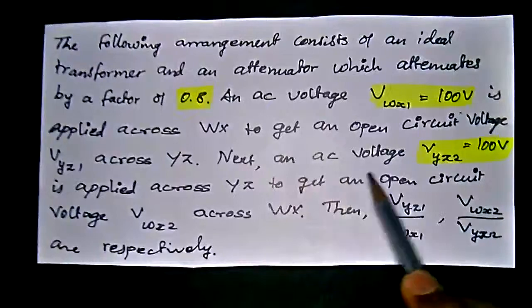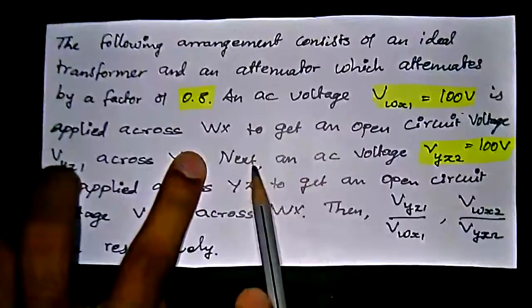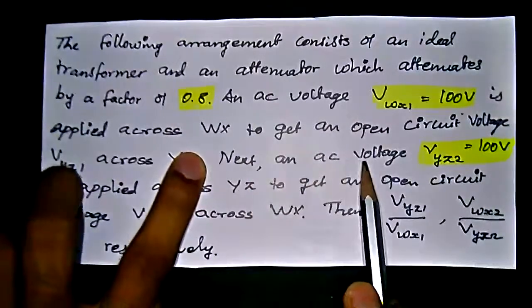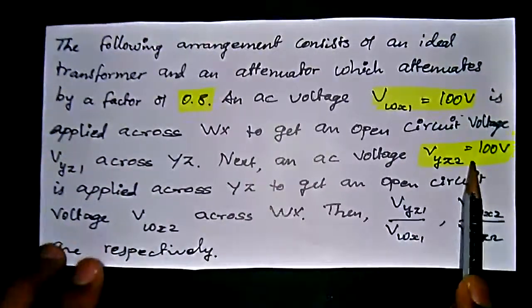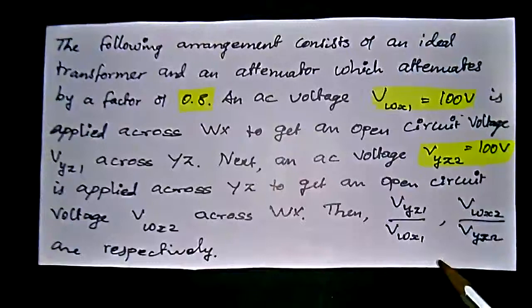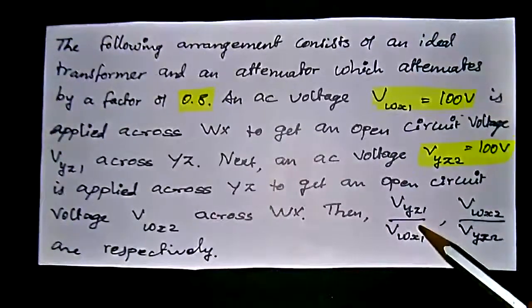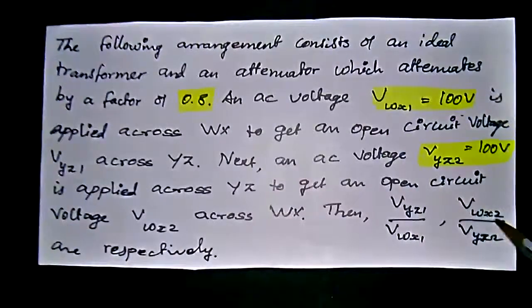Next, a separate AC voltage Vyz2, equal to 100 volt, is applied across YZ to get an open circuit voltage Vwx2 across WX. Then we have to find the values Vyz1 divided by Vwx1, and Vwx2 divided by Vyz2.